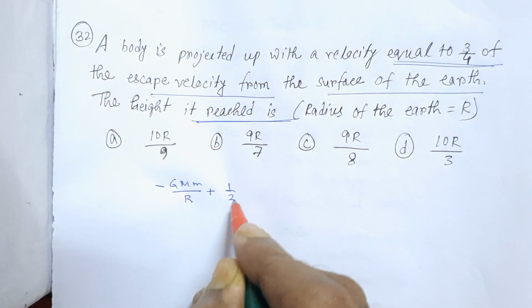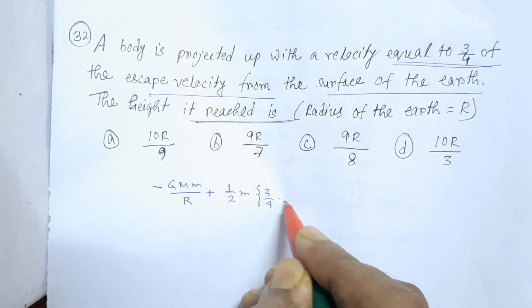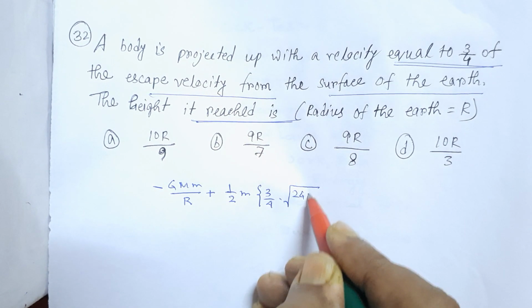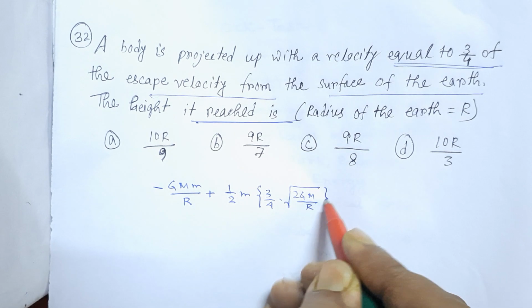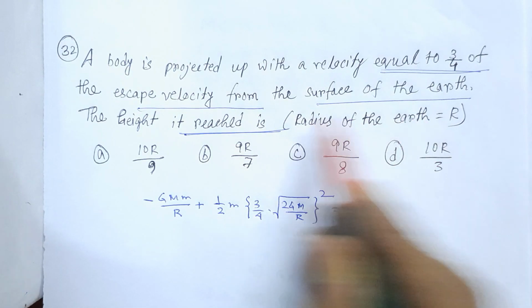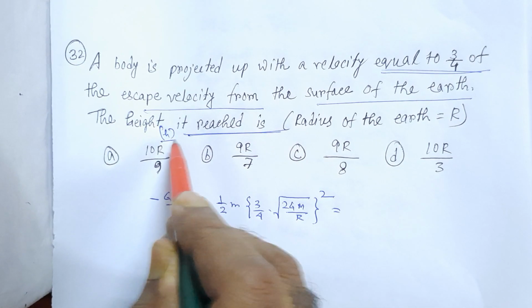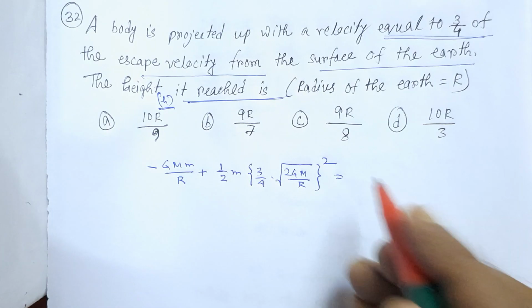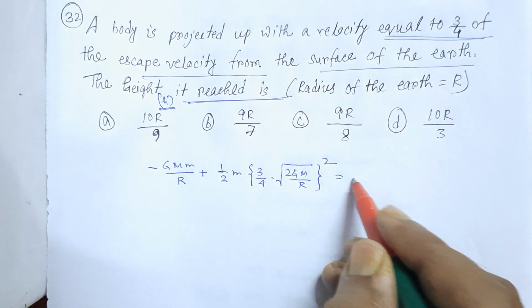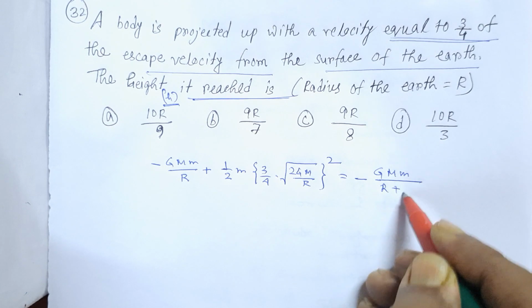So the corresponding kinetic energy is half m into 3/4 into root over 2GM by r, its whole square, equals, when it is at a height h from the surface of the Earth, let it be h height, then its energy will be totally potential, and that should be minus GMm by r plus h.